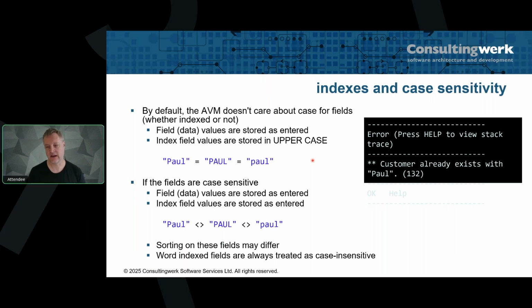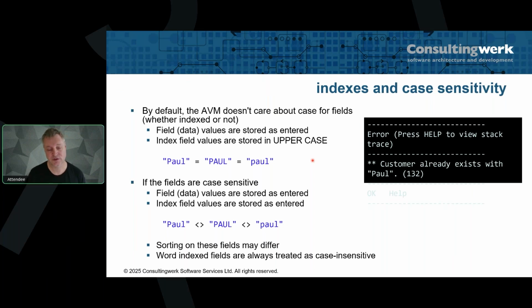And in general terms, for unique fields, Paul is equal to Paul all caps is equal to Paul all lowercase, in any variation on that theme. With case-sensitive fields, the index field values are stored as entered, and obviously the data values are stored as entered as well.